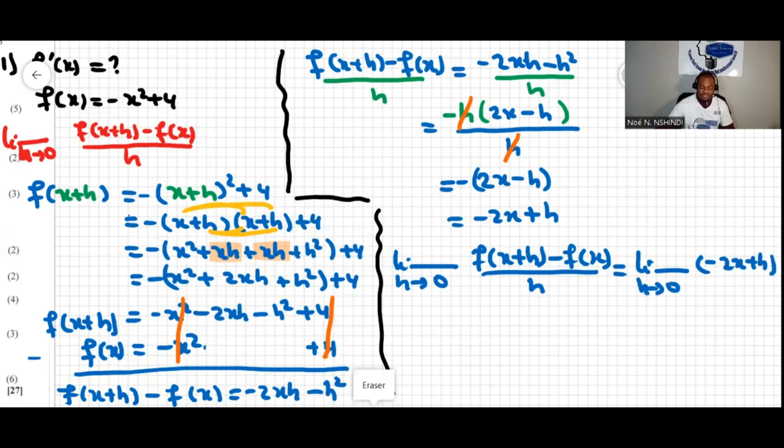So now we introduce this limit, and this simply means substitute h by 0. If I substitute h with 0, this is equal to negative 2x. So this is how we can determine the derivative of this function from its first principle. Thank you.